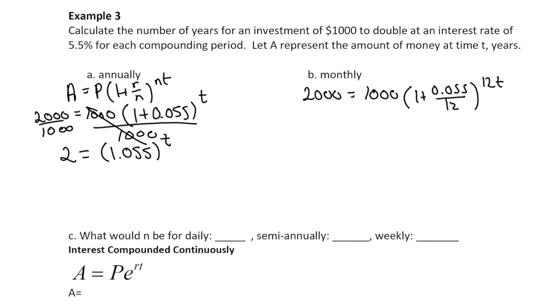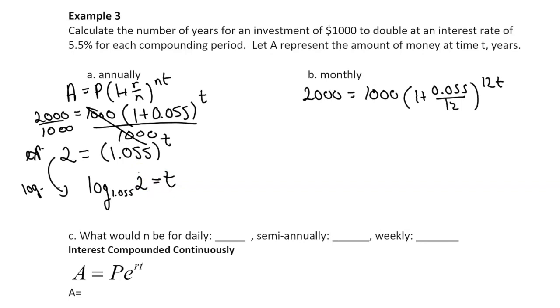I'm under more of the impression that if we're in exponential form, let's put it into log form. If we wrote this as a log, you would get log base 1.055 of 2 is equal to t. Let's put that into our calculator.